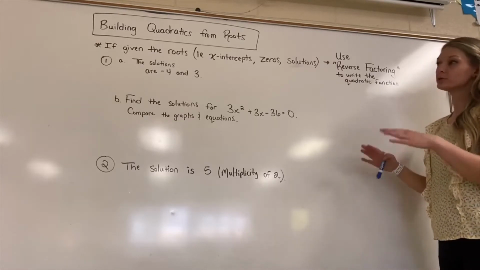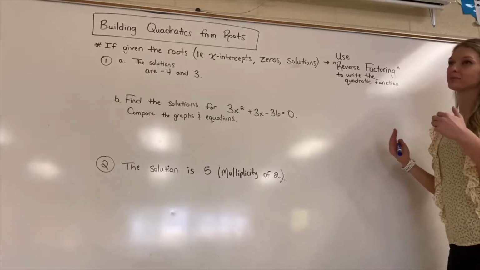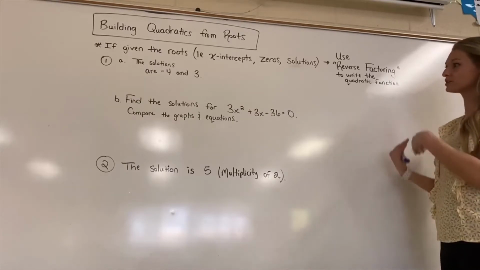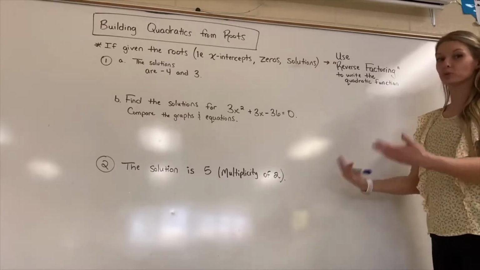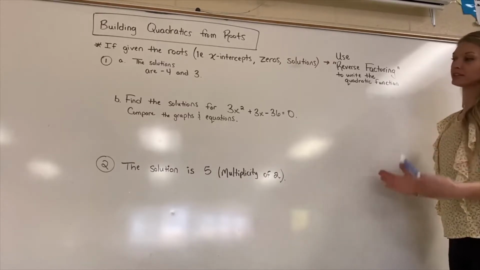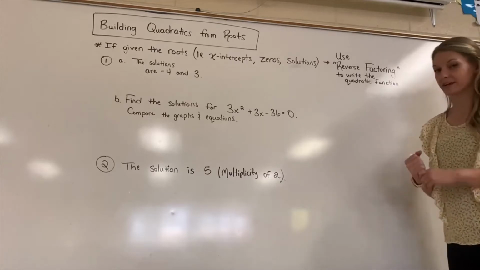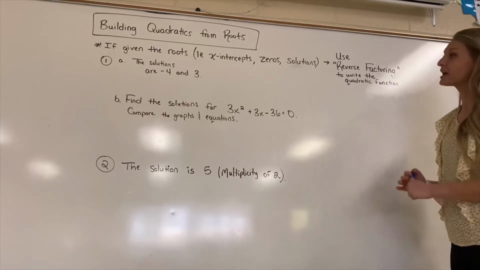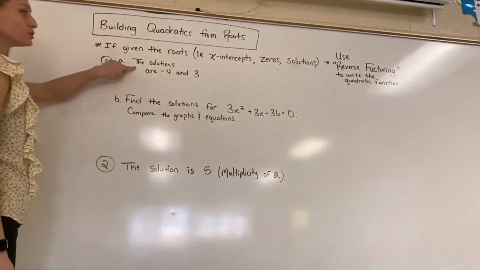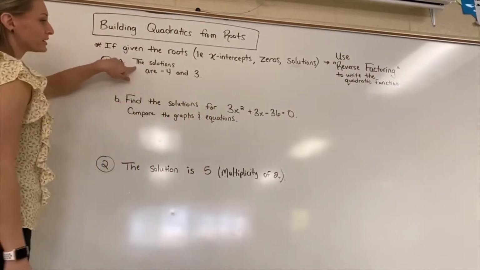So we're starting the process of talking about how to actually write the quadratic equation from the roots. We're going to do several examples so you can see how it works, and then we'll see how you feel, okay?